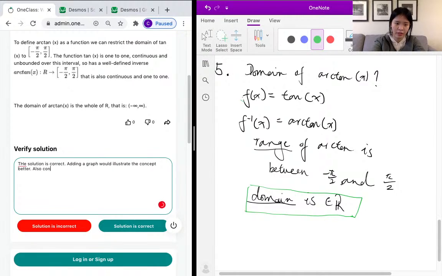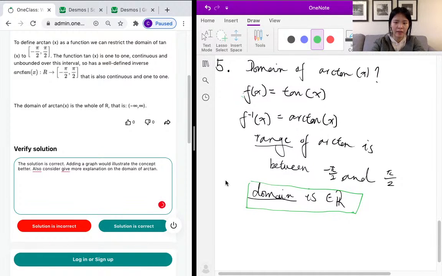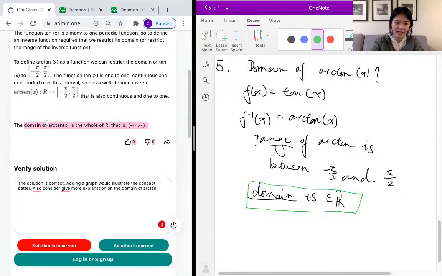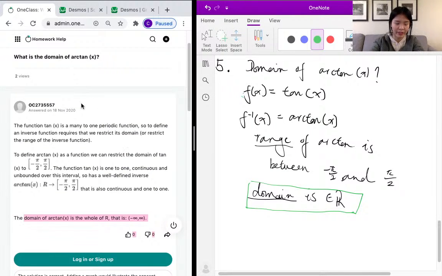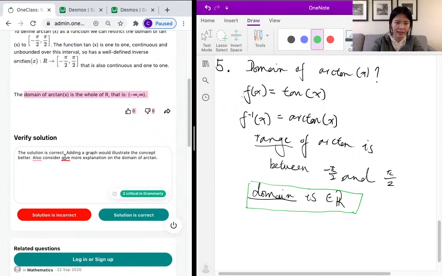Also consider giving more explanation on the domain of arctan, because they talked a ton about the range without talking much about the domain. When it gets to the domain, they just had one sentence, which can be a little confusing in my opinion.